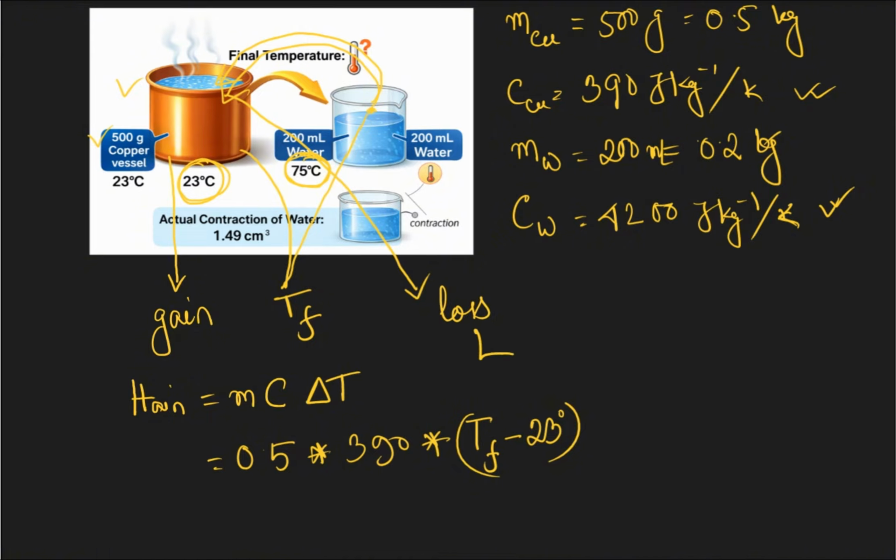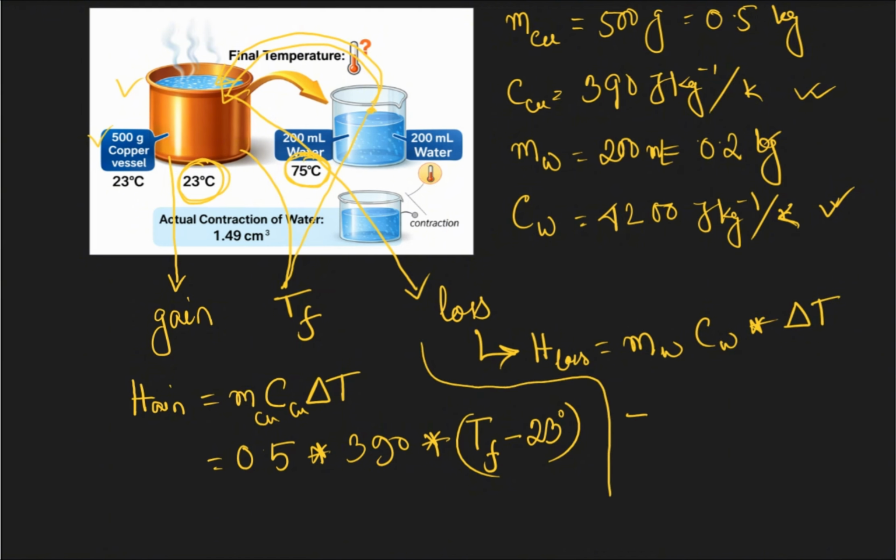Now heat loss, let's write down heat loss is equals to m of W, and write down here copper. Now C of W and del theta, right?